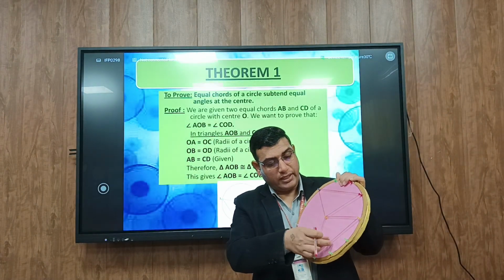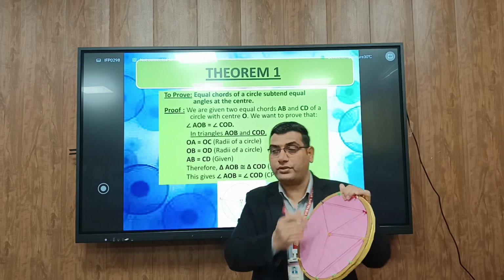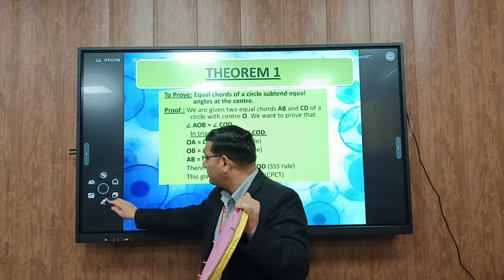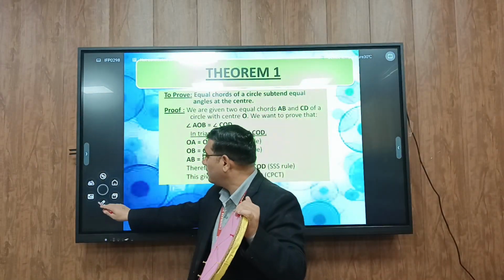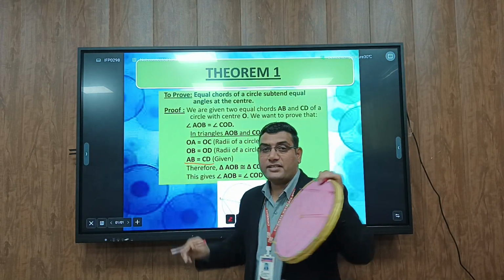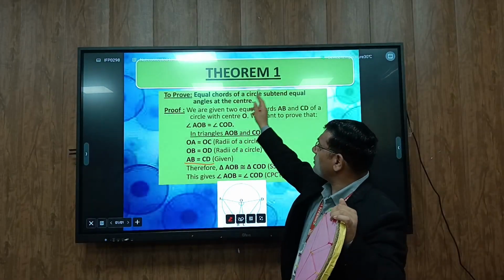Now you can say that it is given AB is equal to CD. That is given in the question, equal chords of a circle.